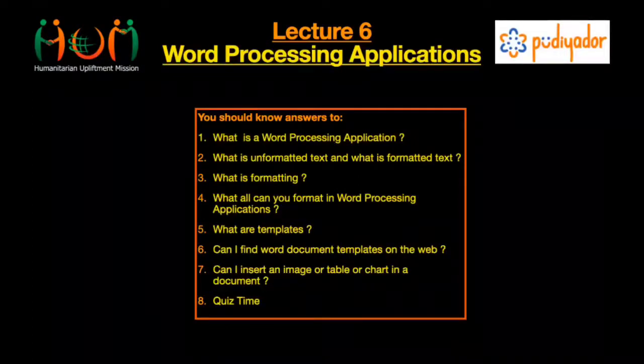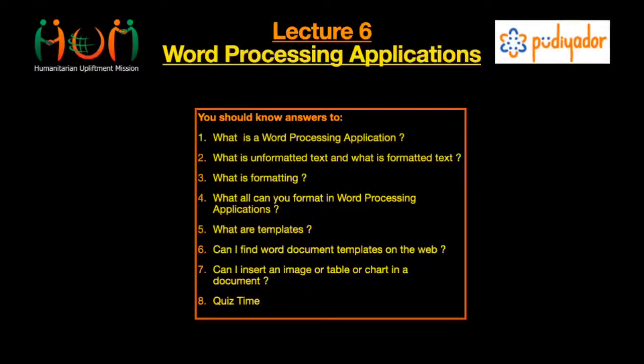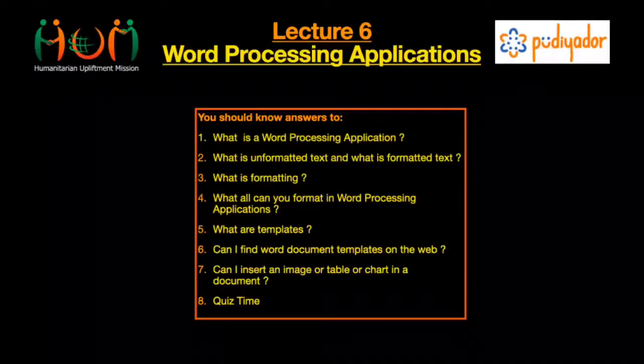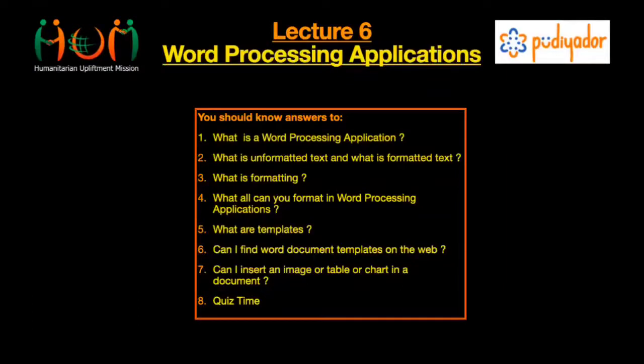In the next slide, I show the new words that are there in this particular lecture, and there are Tamil translations in the next slide. So the word format, I've also included in the Tamil vocabulary list. So we will talk about what formatting is, but you have to understand what unformatted means, what formatted means, okay?